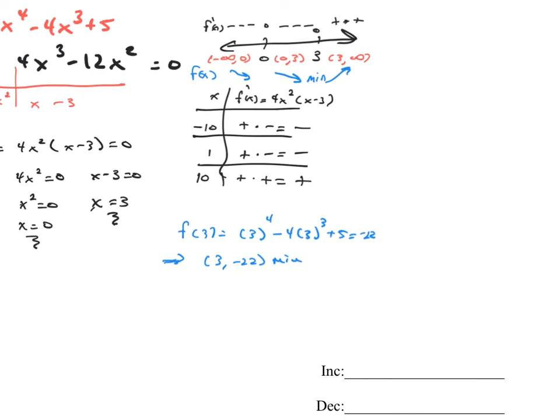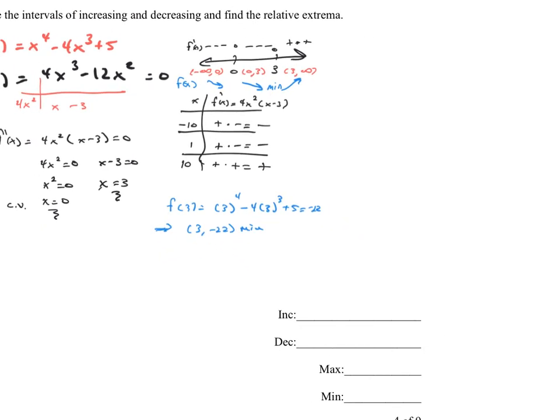So let's take that information together. Again, it says, when is it increasing? Well, it was increasing when the derivative was positive, which was the interval 3 to infinity. When is my function decreasing? My function is decreasing when the derivative is negative. This function is decreasing on the intervals negative infinity to 0 and 0 to 3.